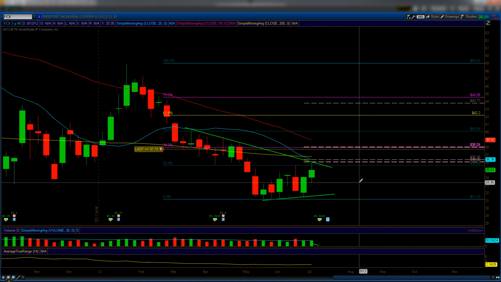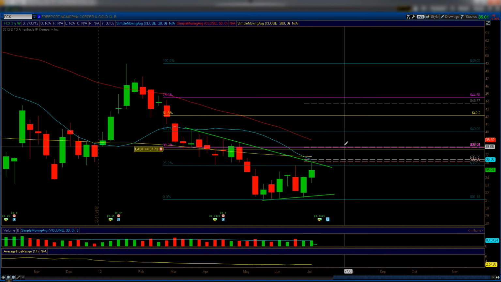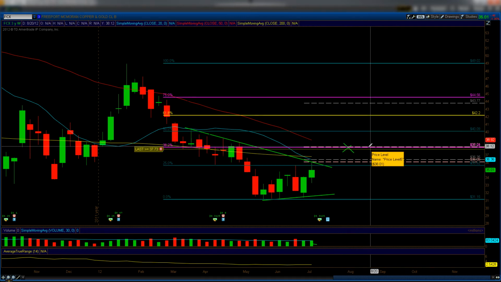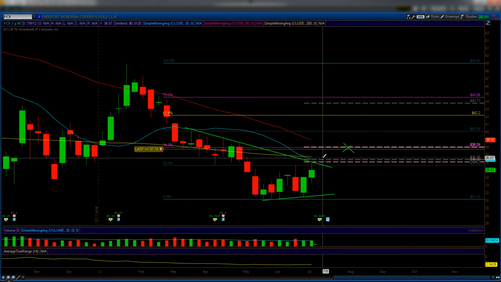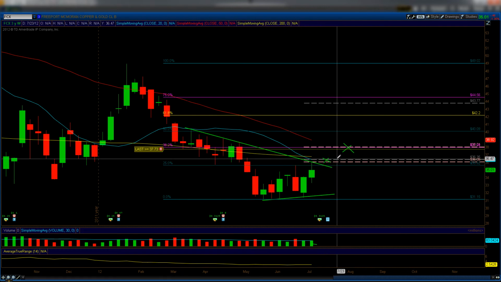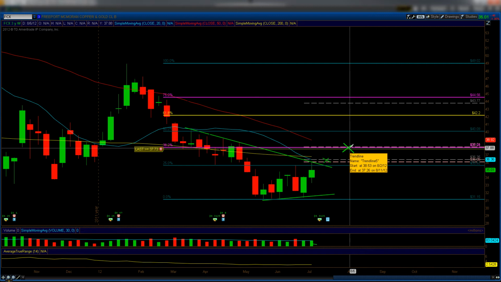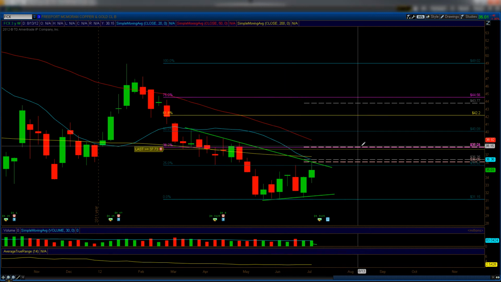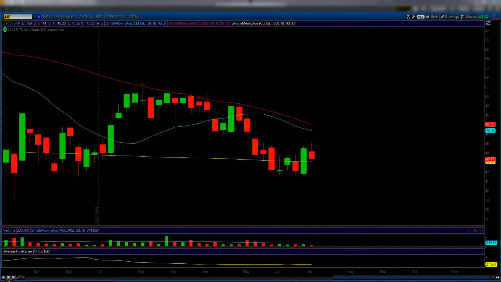If they get good news or whatever the fact may be, then we could pop right into 3801, and then I'll probably take a trade to the short side. What I want to see is a pop into this, say, 36.35 level, and then we float into this 3801 level, and then I'll take a short. If it pops directly into this 3801 level, you know, I may take a step back and reanalyze after that.